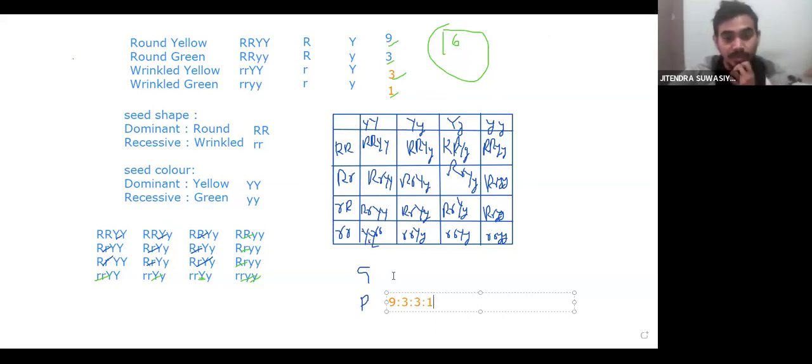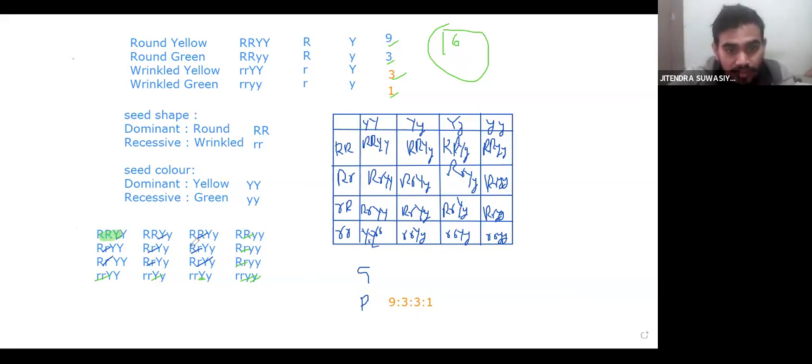But what about the genotypic? How many genotypes have we found? Okay, see. This one, how many have we found? This one, only one.